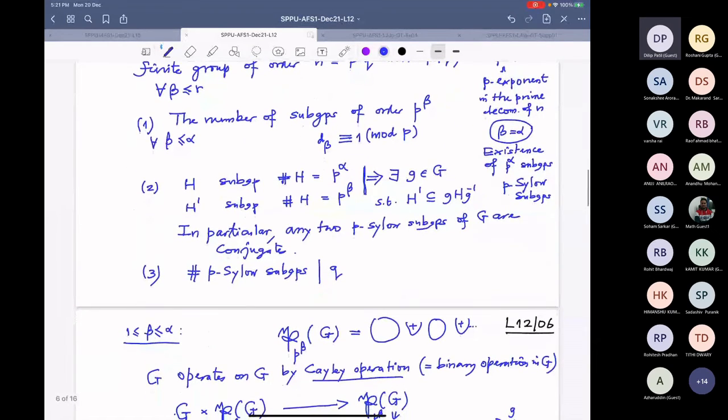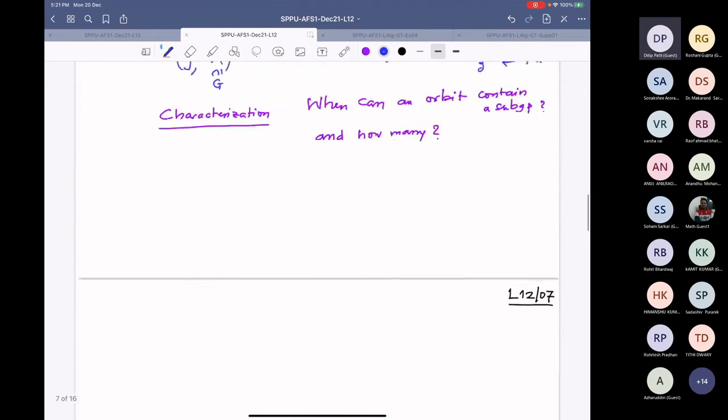The number of subgroups of order p power beta is, I am calling it, d beta, which is congruent to 1 mod p. So in particular, it has to be non-zero. And therefore, there exists a subgroup of order p power beta. And we will know also the number.